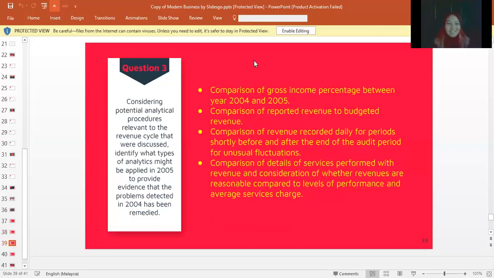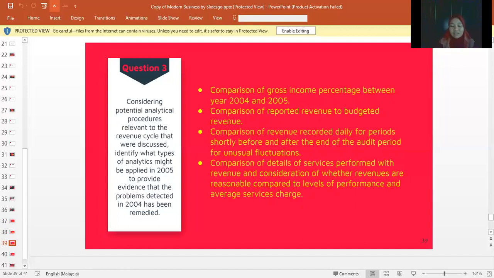Okay, thank you. For question 3, considering potential analytical procedures relevant to the revenue cycle that were discussed, identify what types of analytics might be applied in 2005 to provide evidence that the problems detected in 2004 have been remedied.